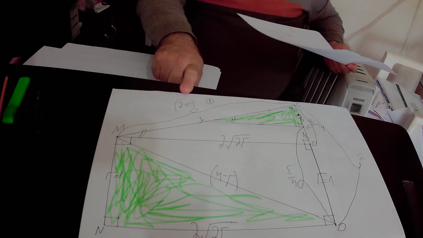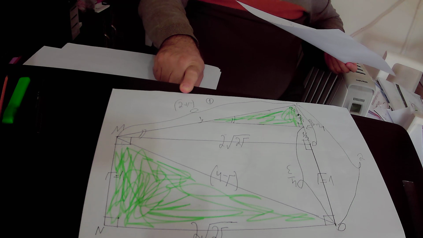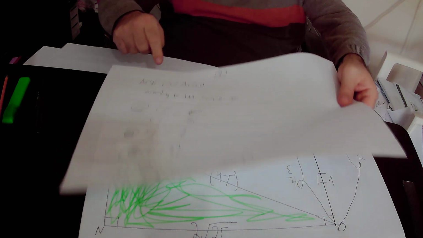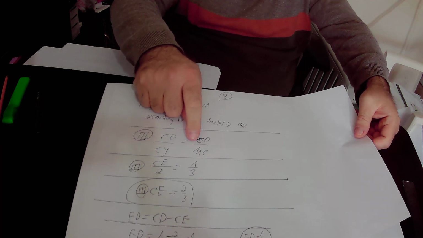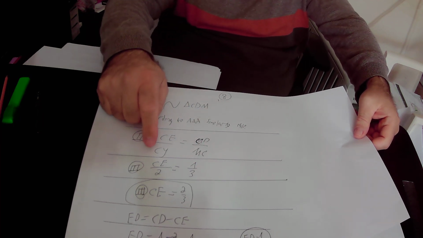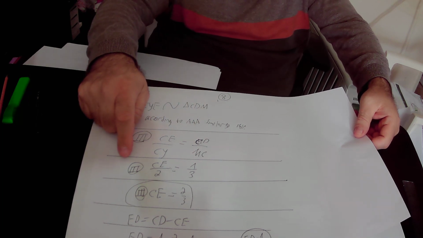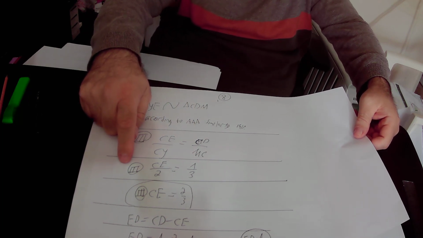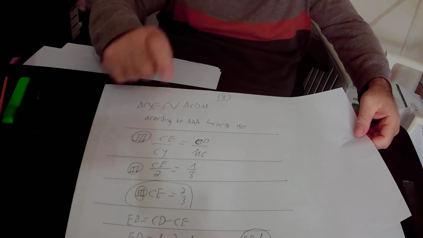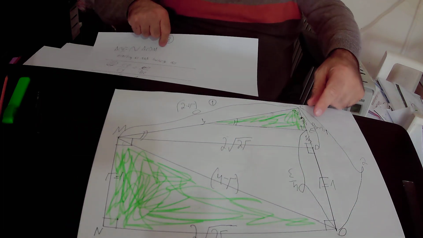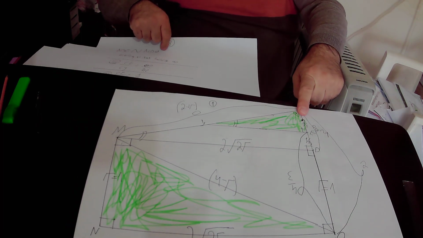MC is 2 plus R, and R is 1. So MC is 2 plus 1, that equals 3. So CD equals 1 and MC equals 3. In total we found that CE over 2 equals 1 over 3. We multiplied the equation number 3 by 2 and found that CE equals 2/3. So here we can write down that CE equals 2/3.